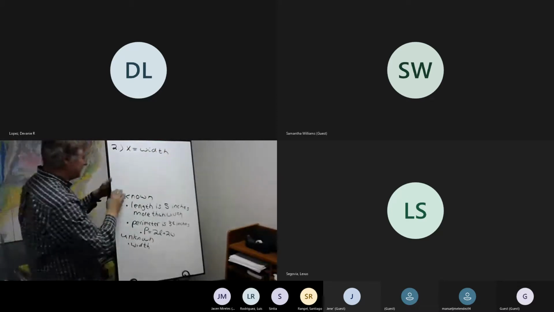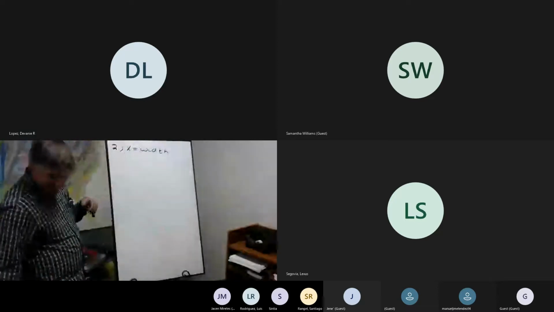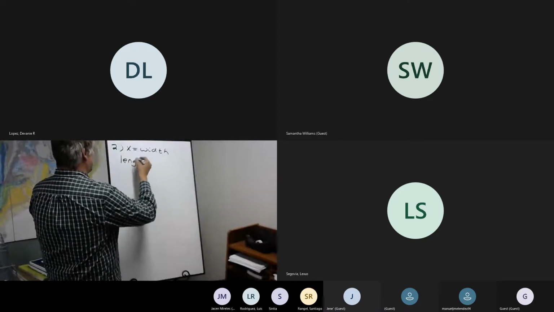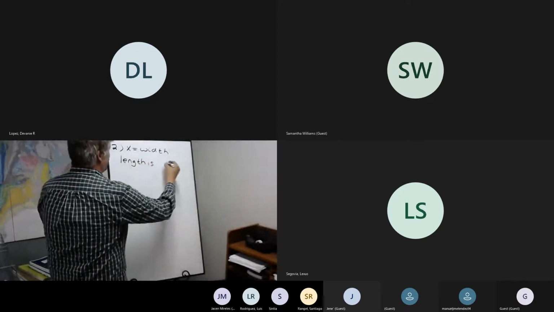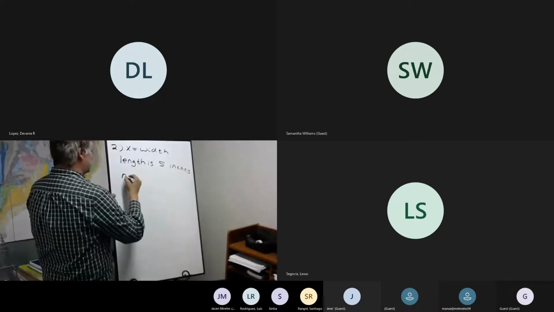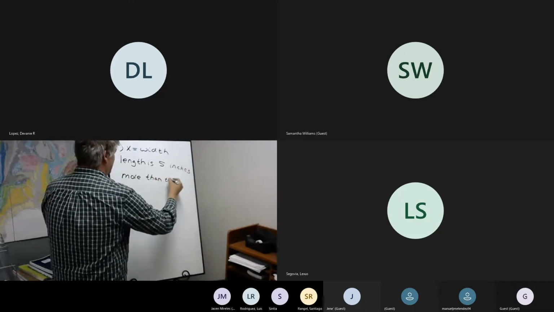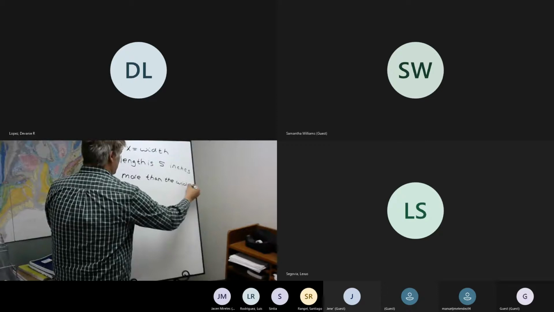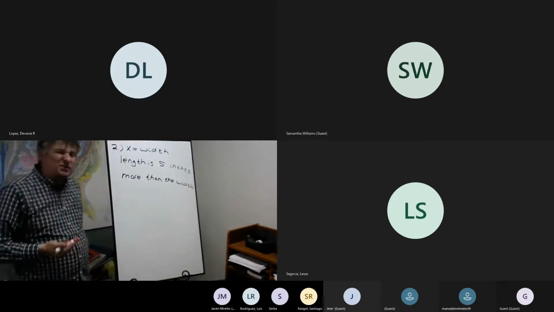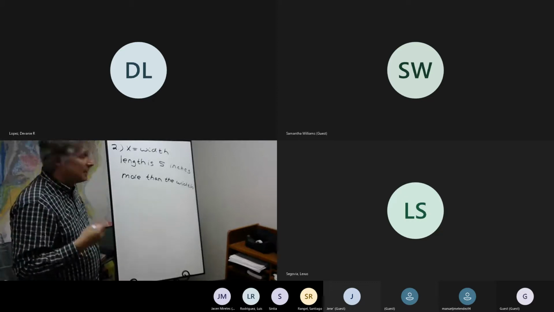And we can do some translating. The length is 5 inches more than the width. So there's an expression here we can translate. Really, it's sort of like a mini equation, not the equation.